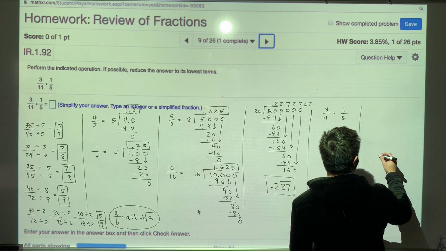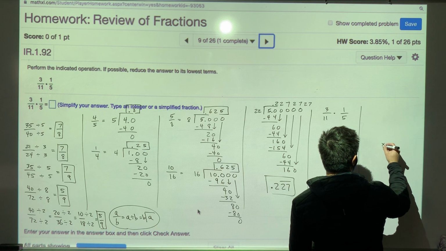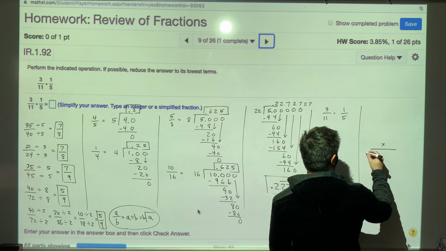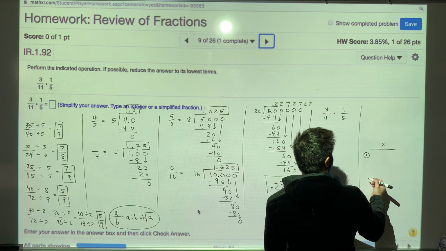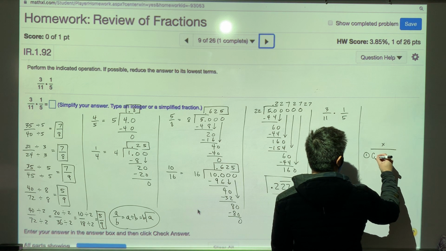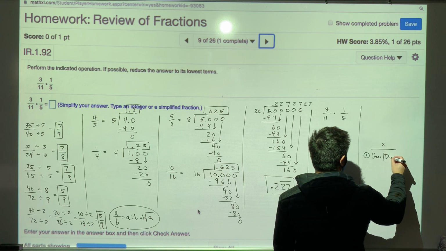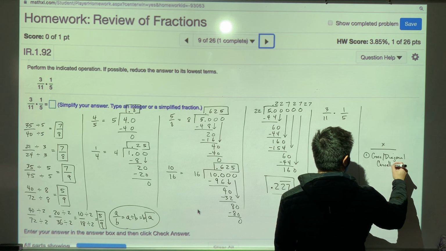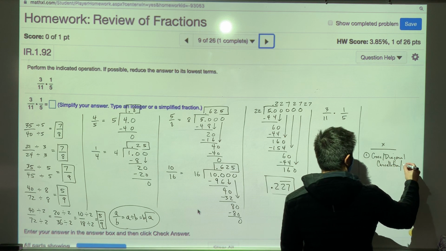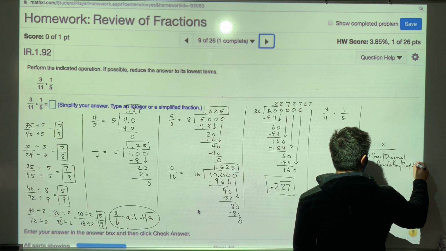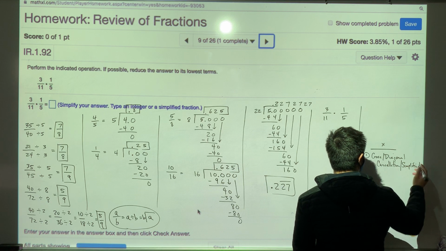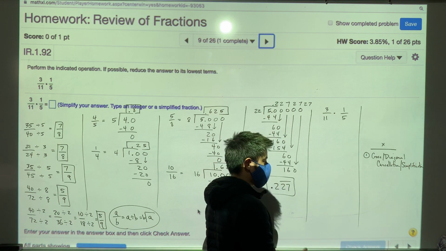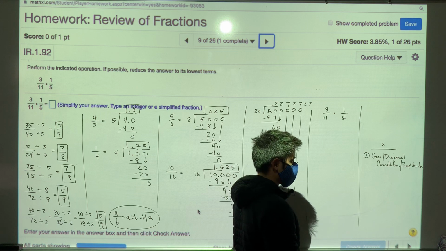When we multiply fractions, the very first step is we look for cross or diagonal cancellation or simplification, whichever way you want to look at it. I'll discuss this when it comes up, when it presents itself.